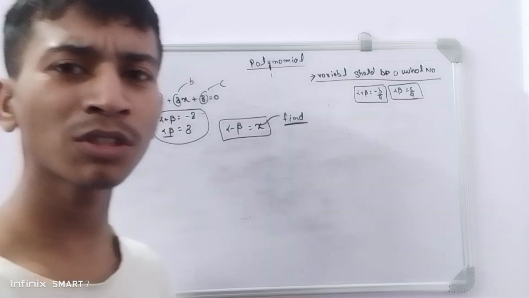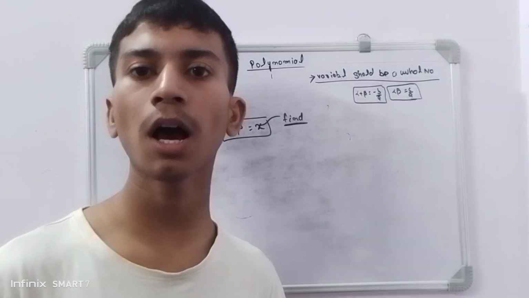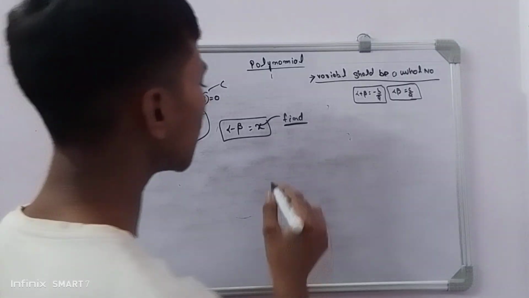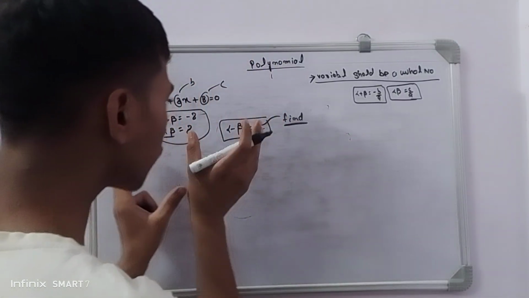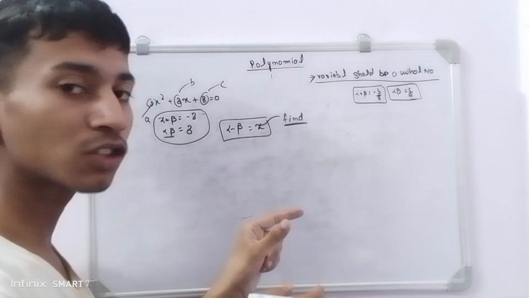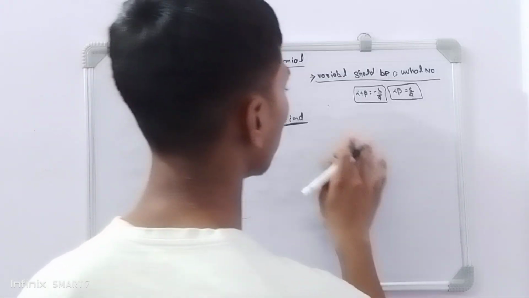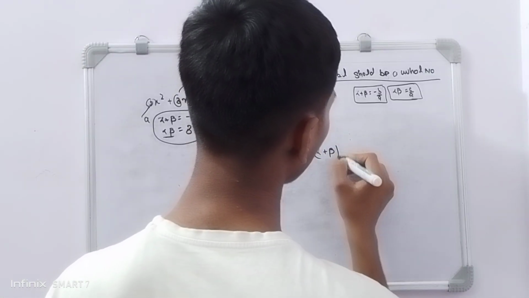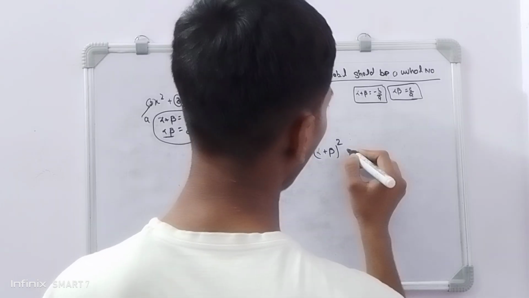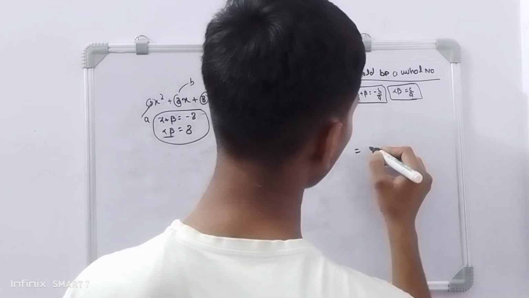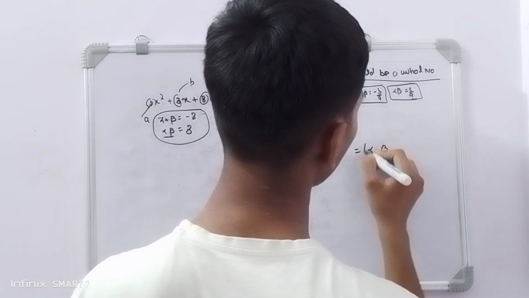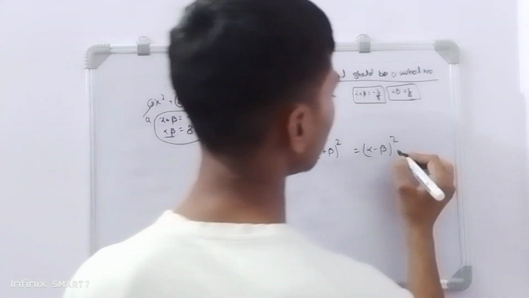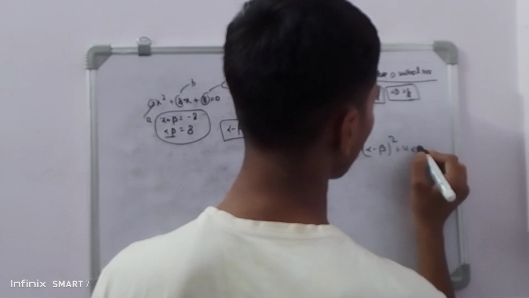So I am going to teach you to make a formula by your own concept in mathematics. Don't focus on this question, focus on what I am teaching you here to make a formula. Let's suppose we have alpha plus beta, the whole square, minus alpha minus beta, the whole square, and it is equal to 4 alpha beta.